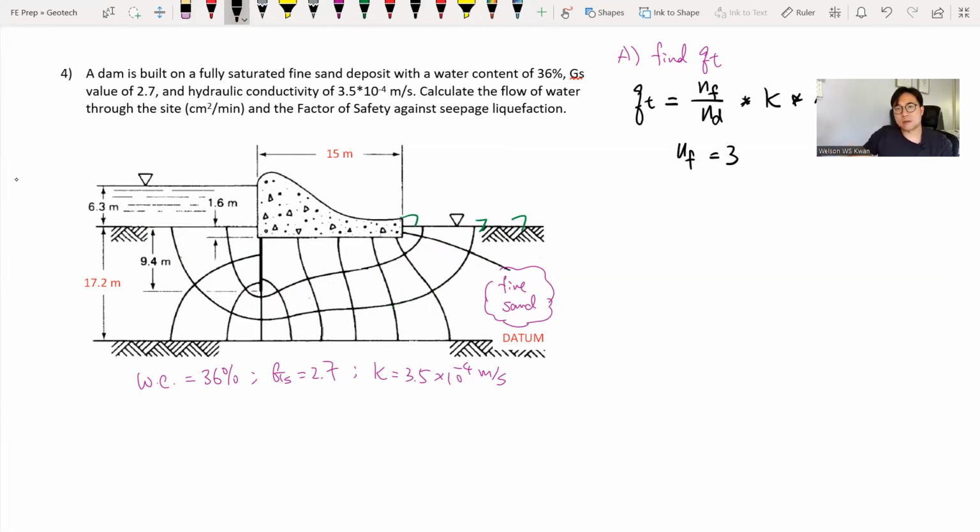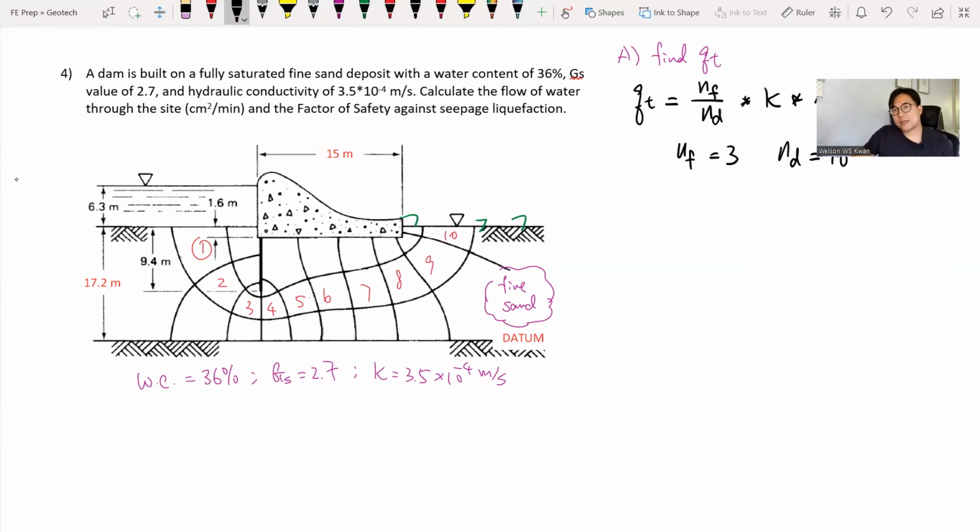N sub D is the number of drops on each flow tube. So for example, we have 1 flow tube here. We have 1 drop, 2 drops, 3, 4, 5, 6, 7, 8, 9, 10. So we have 10 drops. So N sub D equals 10.